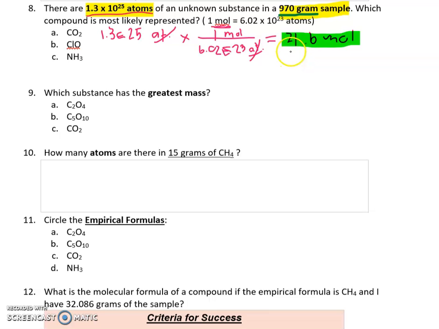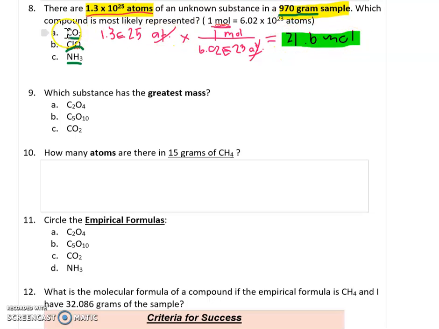So if I have 21.6 moles of this, it is going to have a different mass than 21.6 moles of this and 21.6 moles of this. So I actually have to go and find the molar mass of each one of these to see what the total mass would be if I multiplied it by this many moles.